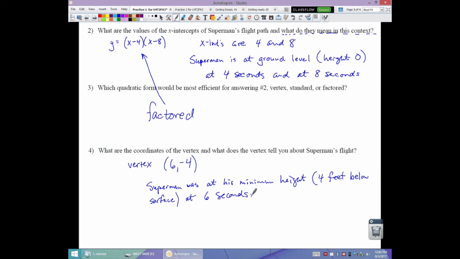This is the point that he grabs Lois. You could explain that a few different ways, but you need to say more than just it's the vertex. It's where he stops moving down and starts flying up. It's where he grabs Lois. It's where it took him 6 seconds to get to Lois, and she was 4 feet below the surface, something like that.